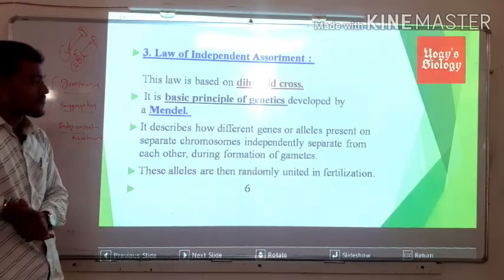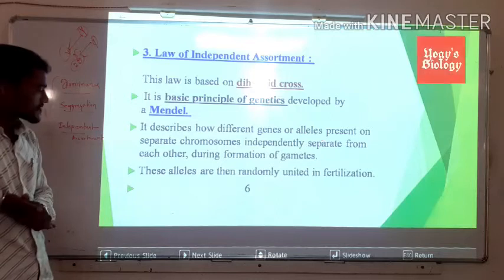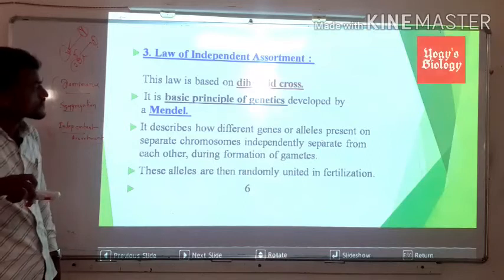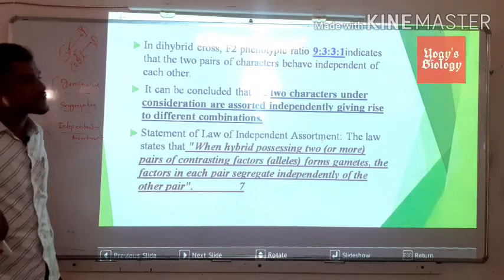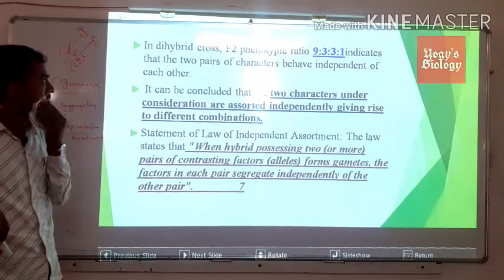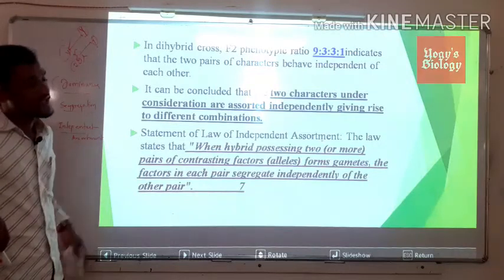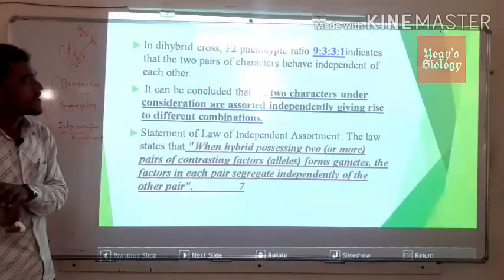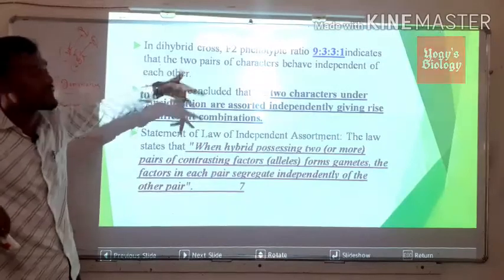In a dihybrid cross, the F2 phenotypic ratio is 9:3:3:1, which indicates that the two pairs of characters behave independently of each other.